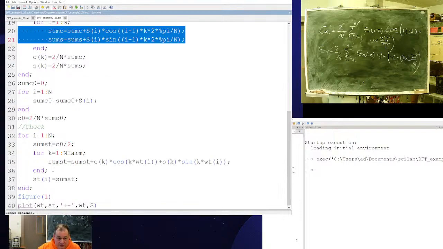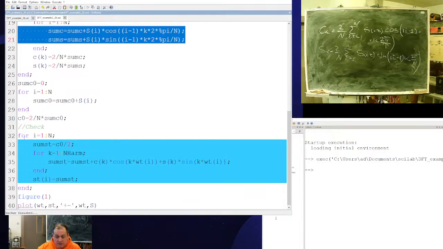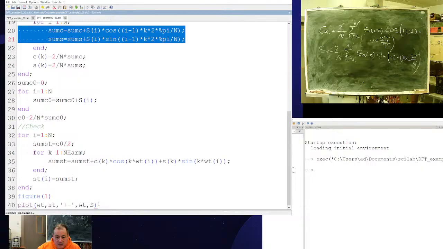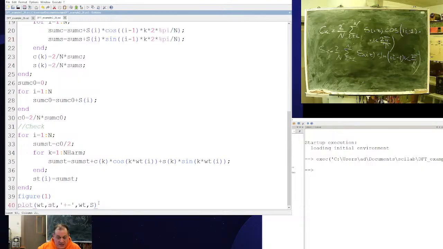Perform a Fourier transform and compare it to the original signal. So here is the Fourier synthesis, and I draw together my signal and the result of synthesis. If the lines overlap, it's okay.